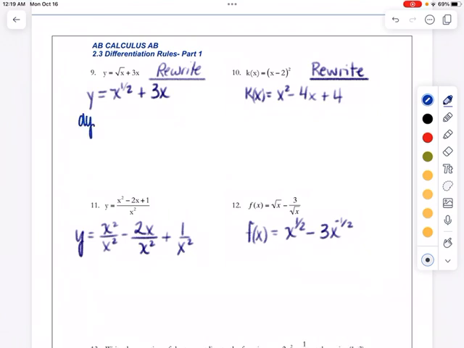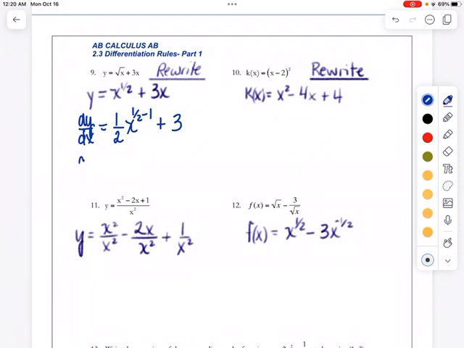All right, now that you're back, we're going to use dy/dx notation, Leibniz notation, for this. And then I'm going to say 1/2 x to the 1/2 minus 1, and then plus 3. The derivative of 3x is 3.